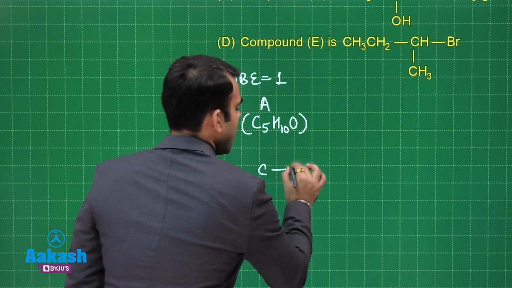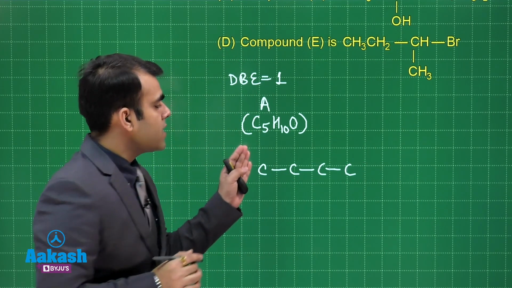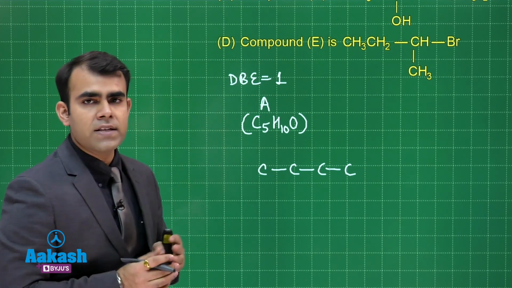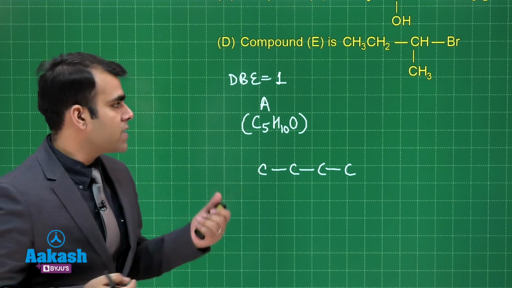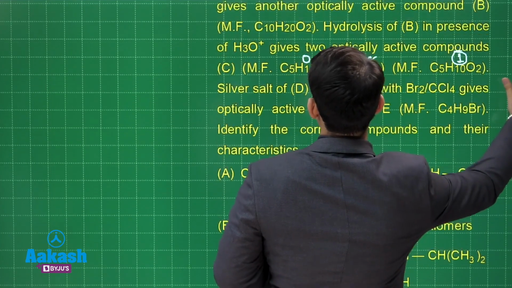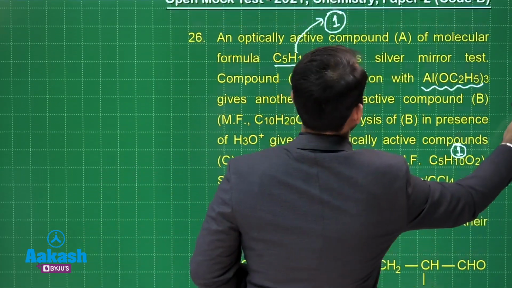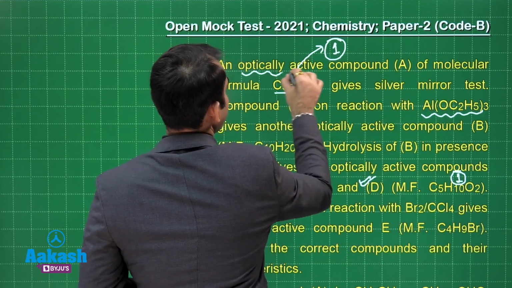So, let us say we have a 5 carbon aldehyde, but now the thing is, what is the structure of this? Is it a straight chain or branched? Now, here it has been given to us that compound A is optically active, because this is very important.